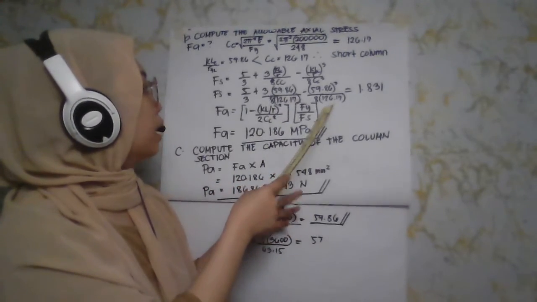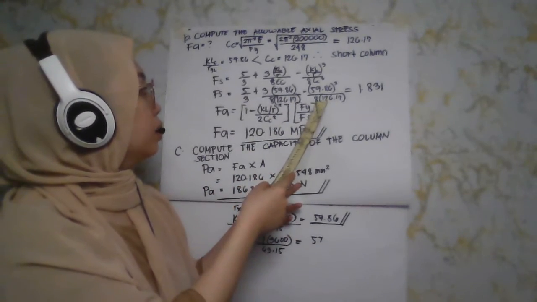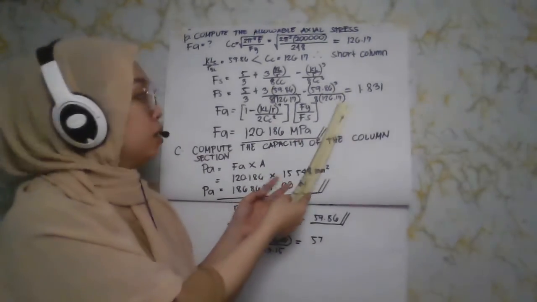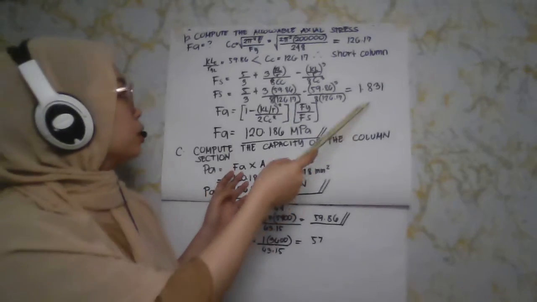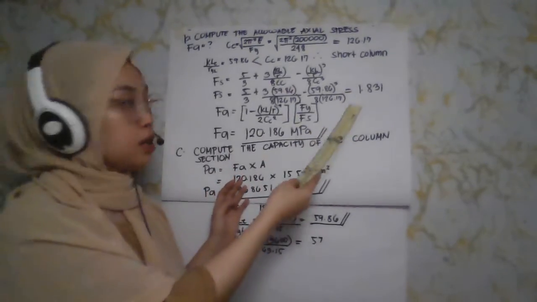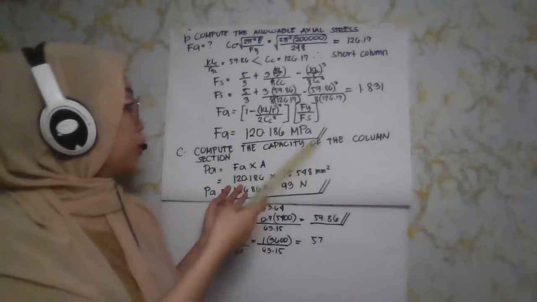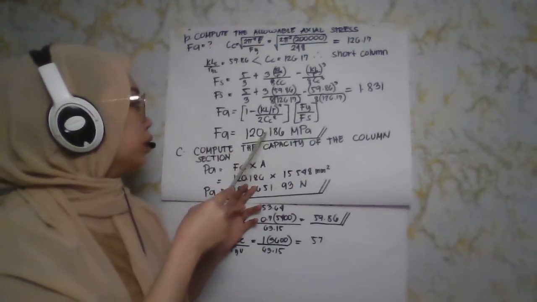So makuha na natin yung FS. So substitute lang natin yung nakuha nating FS, so makukuha na natin ang Fa. So ang Fa natin ay 120.186 MPa.